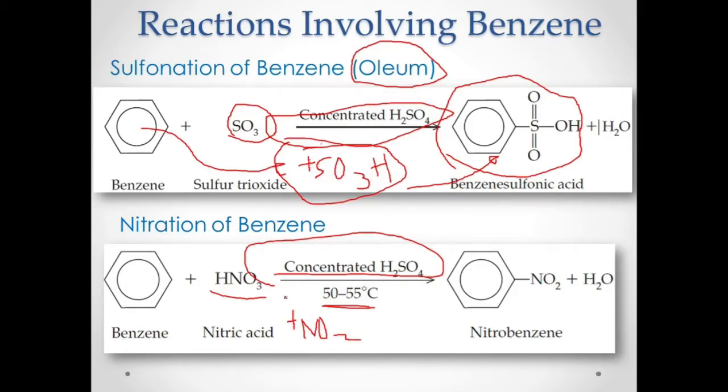So nitric acid in concentrated sulfuric acid will form a nitro electrophile, and this will be attacked by your benzene to form your nitrobenzene. Okay? Very easy.